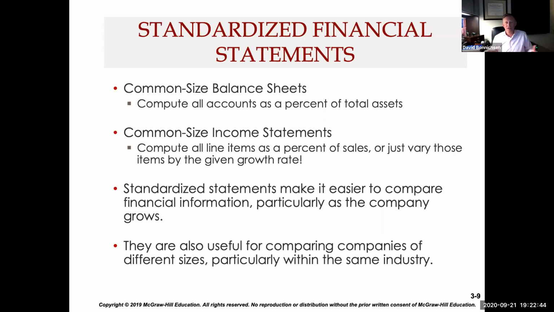Right? So it makes it easier to compare the financial information, particularly as the company grows, because it has no bearing whatsoever on the actual dollars. It has a bearing on what percentage of the revenue that's coming in the door is tied to certain expenses that relate to the operational efficiency of the firm.